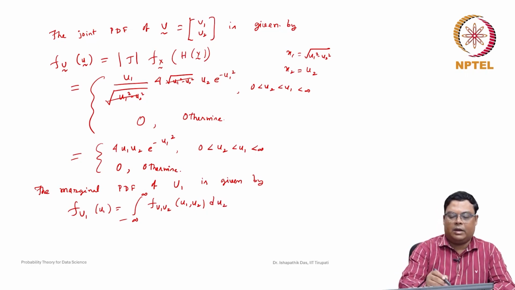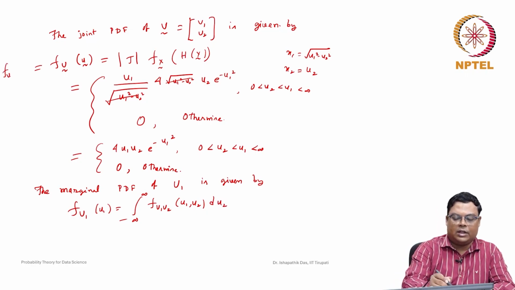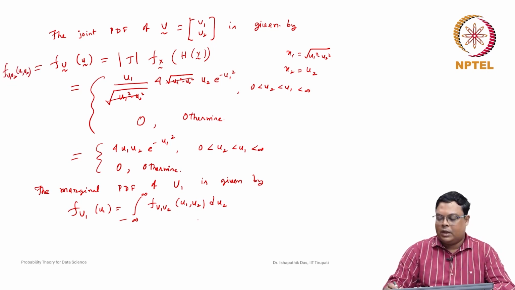This is non-zero whenever the condition is satisfied, so we want to find the range for u2. For any given value of u1, u2 is from 0 to u1.